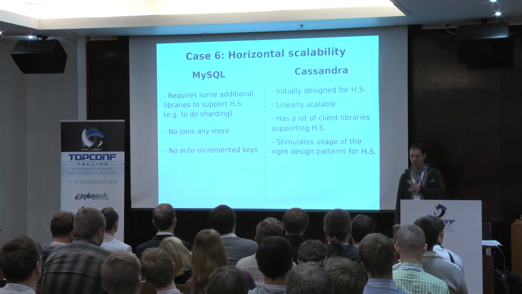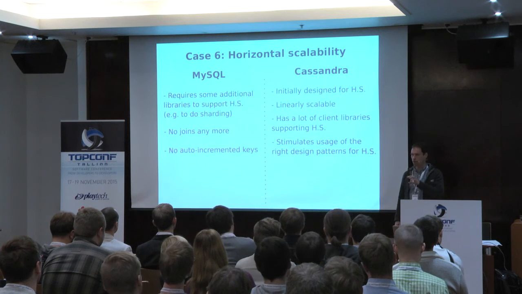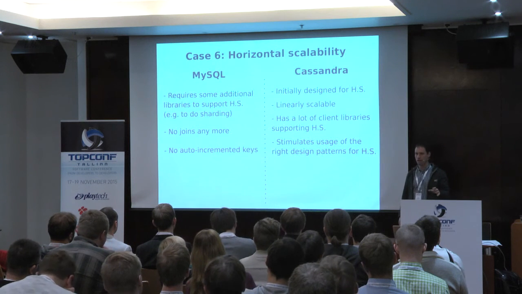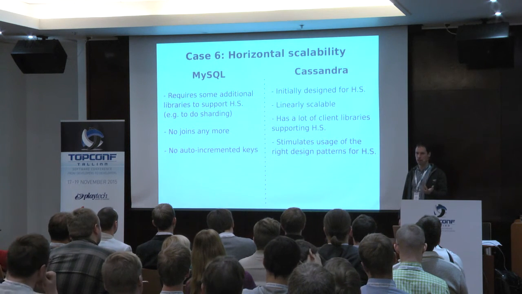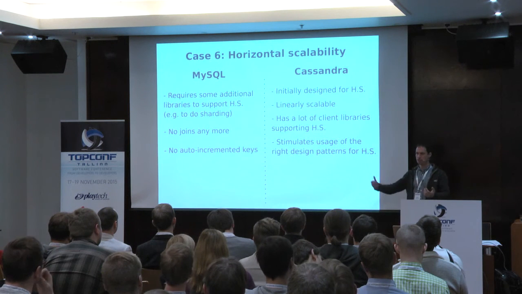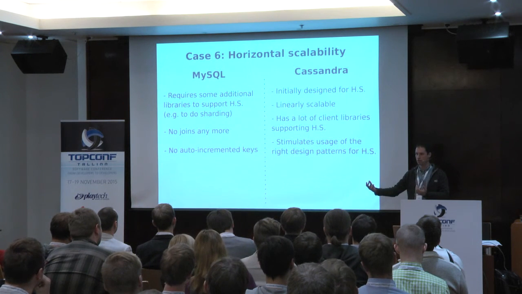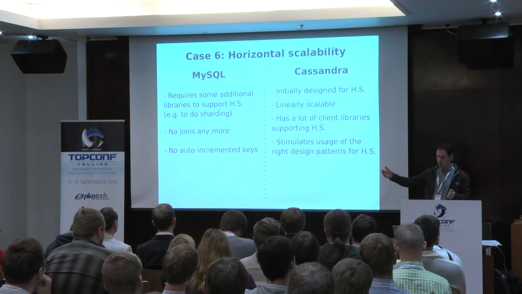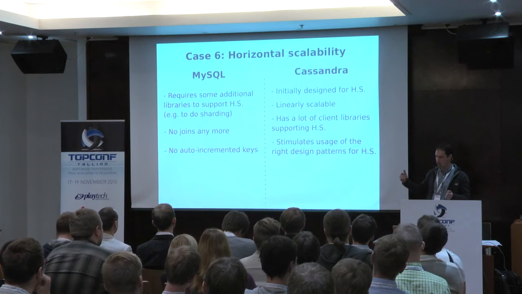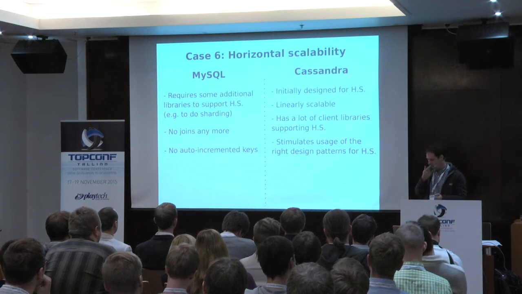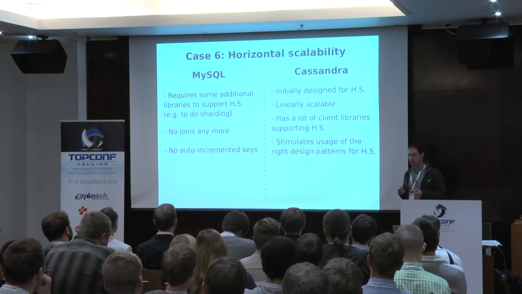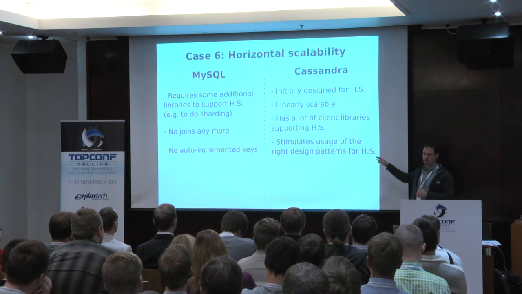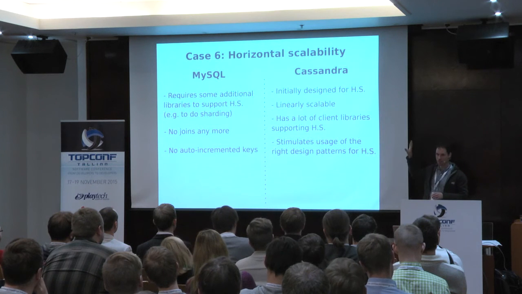And Cassandra has a lot of officially supported client libraries for Java, PHP, Ruby, and so on, and they automatically understand the addition of new nodes into your cluster, and automatically go to the right server for the right data. And as we have seen, Cassandra encourages the use of the right design patterns for high scalability.